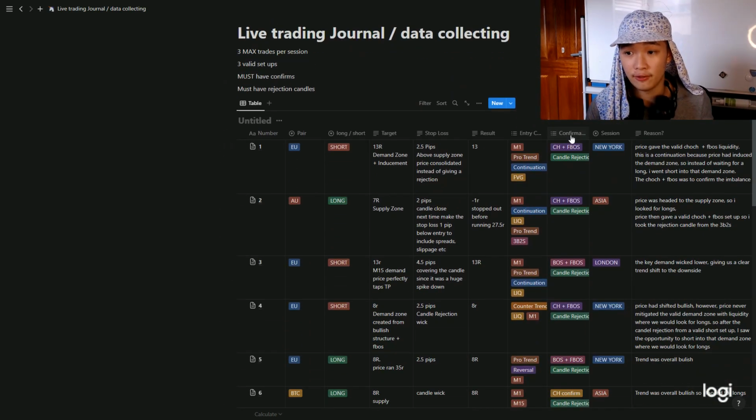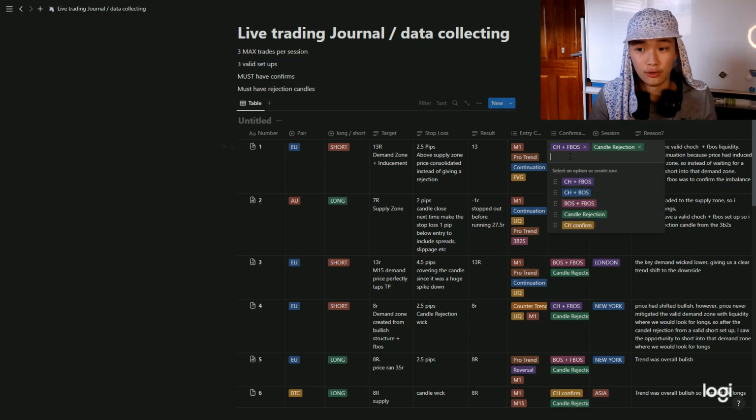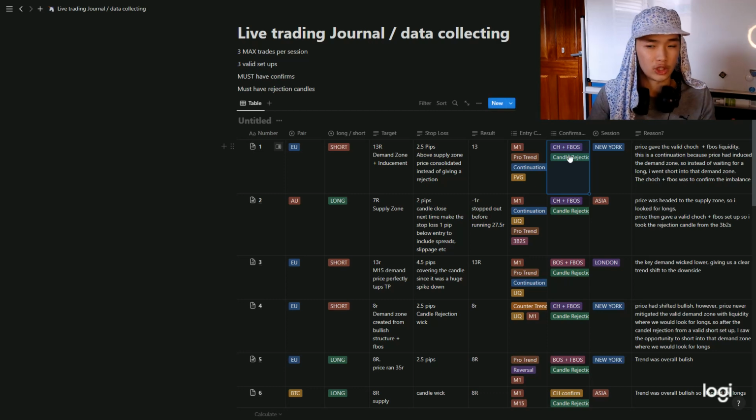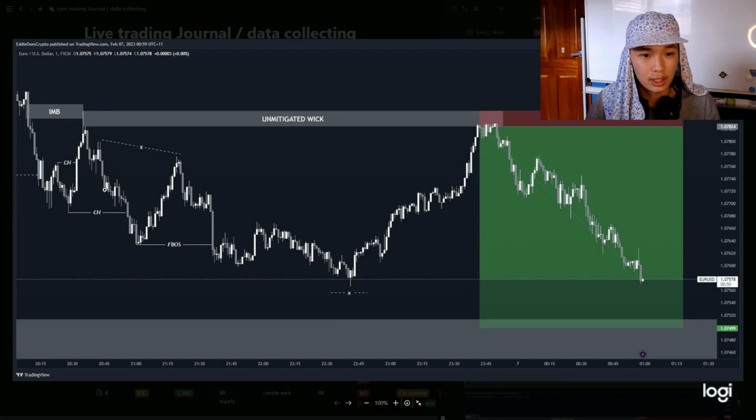And then you have the confirmation types, yeah? What was the confirmation you took to actually enter this trade? So for me, I would always look at minor structure to confirm my zones. So let's look at number 1. In this case, I had CHoCH here, right? Change of character, reacted off this imbalance, and then it created an IFC plus liquidity. So after the IFC plus liquidity came back, that's when I took the trade. I took it off the candle close, yeah?